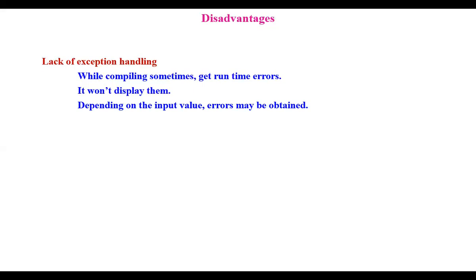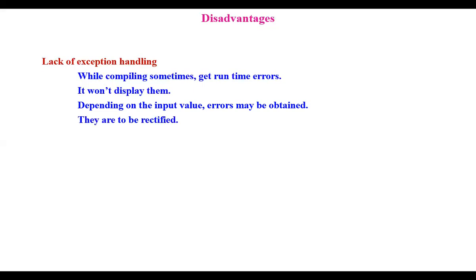We cannot do any arithmetic operations. That's why the errors caused by input values will be visible only at the time of running the program. While compiling, it takes it as if it is some value and gives out the compiled program.